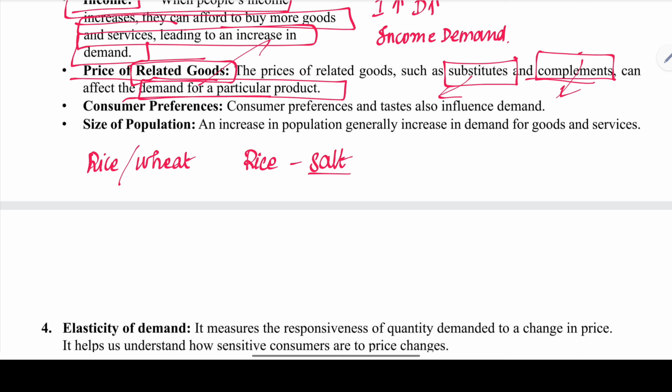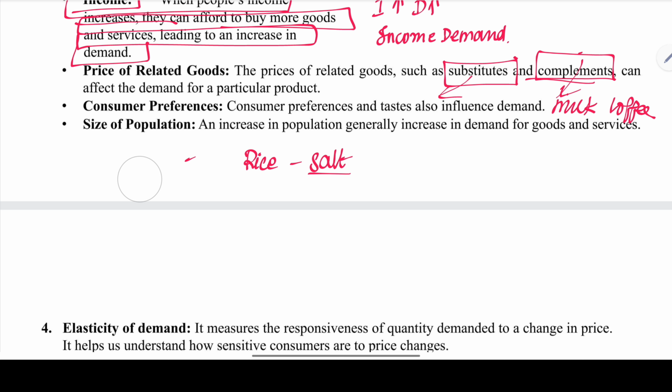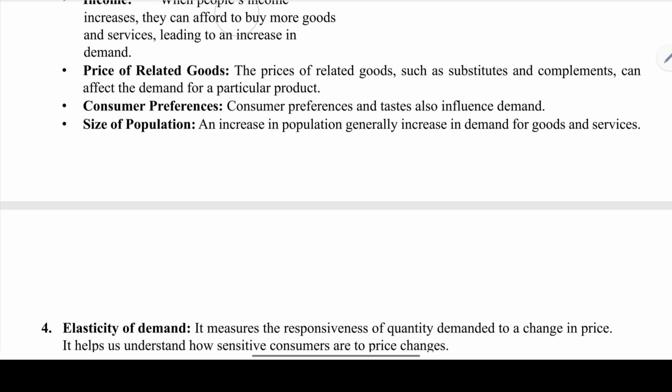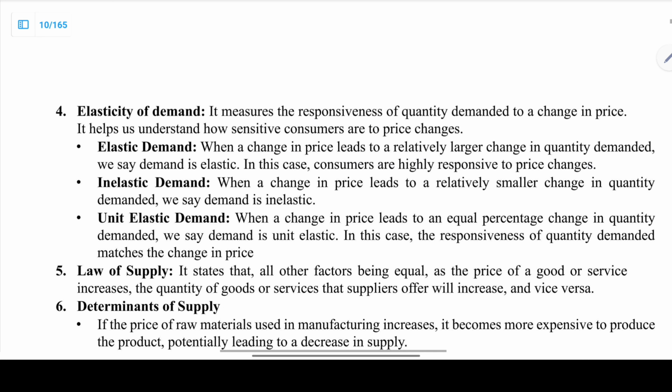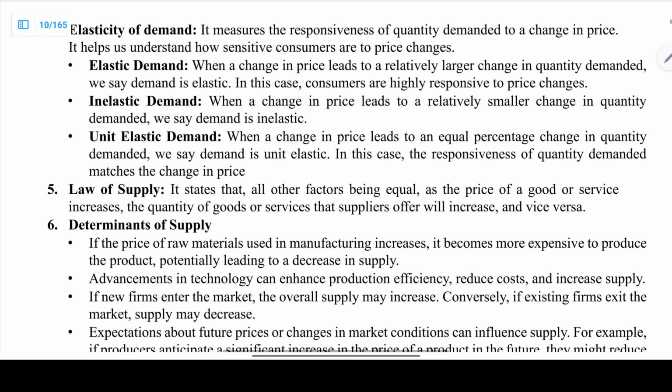For complement goods, you need milk, and then we have coffee or tea powder. They are complements to each other. Bread and jam are complementary goods which affect a particular product. Consumer preferences, the consumer's taste, influence the market. And an increase in the size of the population increases the general demand for goods and services.